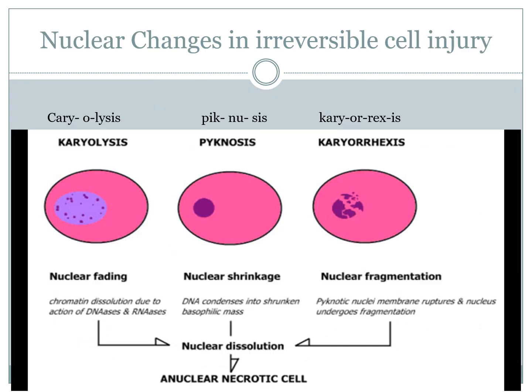Now, the last thing we'll look at, just for purely interest's sake, is when the cellular injury is irreversible, so it's going to end up as cellular death. The nucleus can go through different changes. Okay, so the first change is nuclear fading. That's karyolysis.